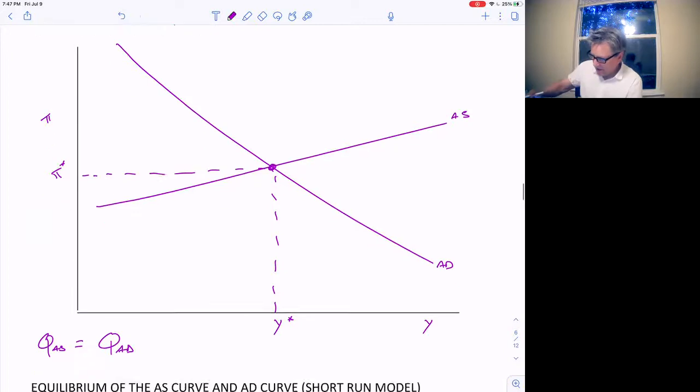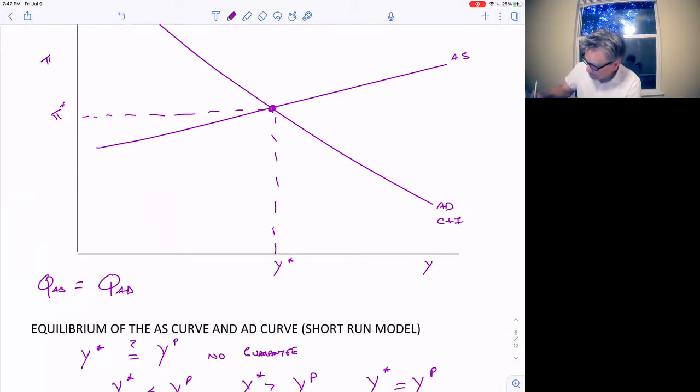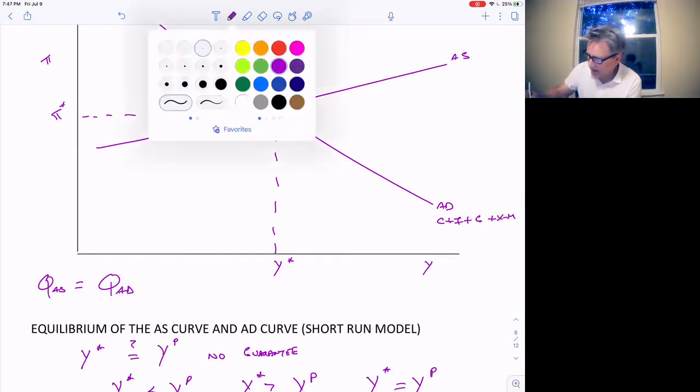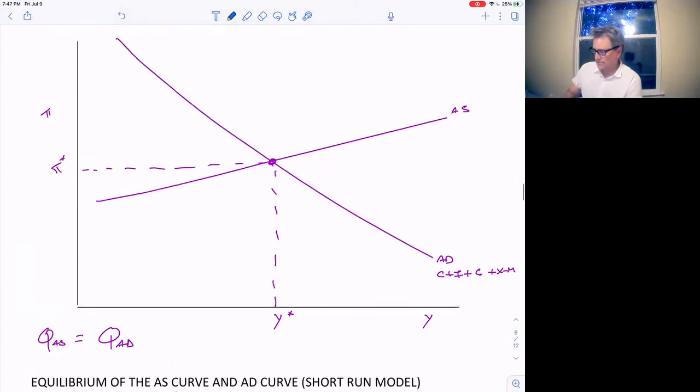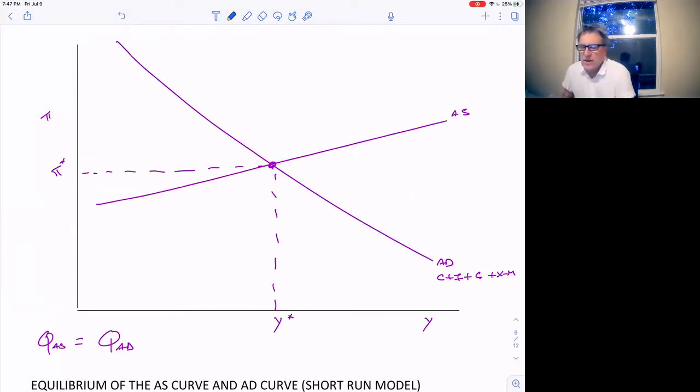And changing this aggregate demand, which remember is C plus I plus G plus net exports, is going to change that equilibrium. So let's say there's an increase in confidence in the economy, what Keynes called animal spirits. And let's say that increase affected investment spending, where companies now just feel more confident in expanding their operations, buying more factories or equipment.